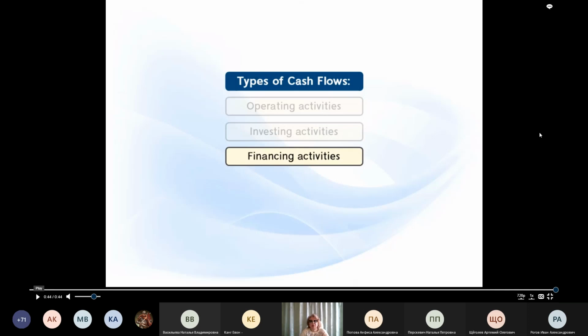So once again, when we classify cash flows into operating, investing and financing activities, we can find some relationships with the balance sheet format. And normally operating activities are activities with the current assets and current liabilities. So we include into the current assets, first of all, inventories, prepaid expenses.